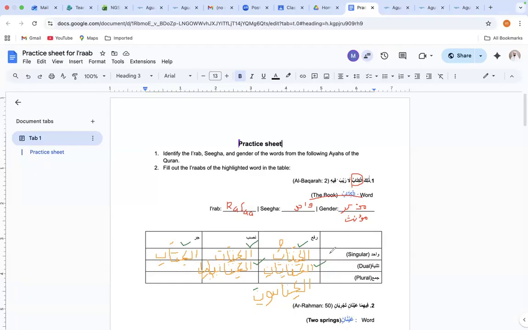The nasab also, this will be the nasab. Say الكتابين. كتابين.